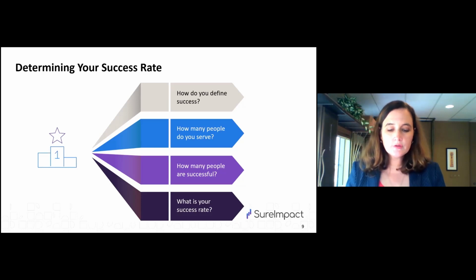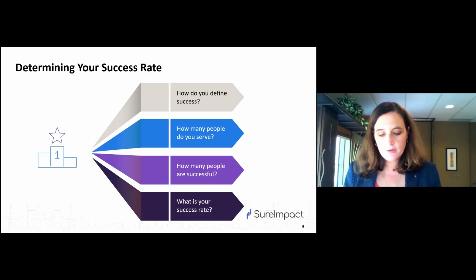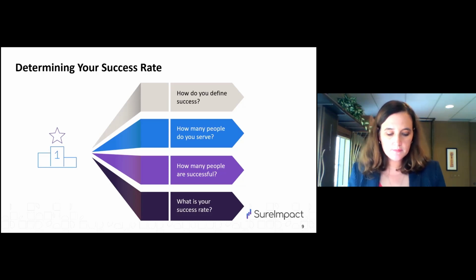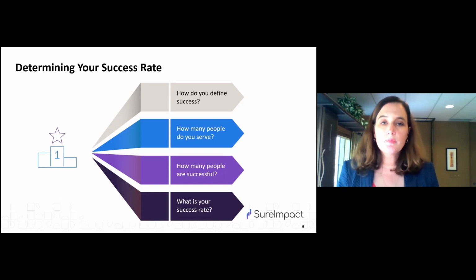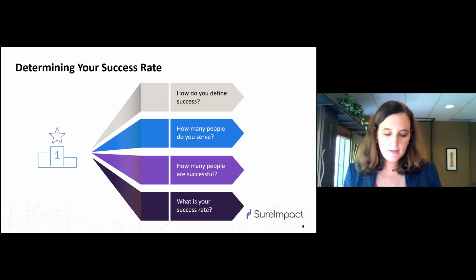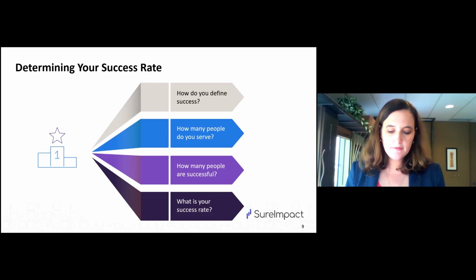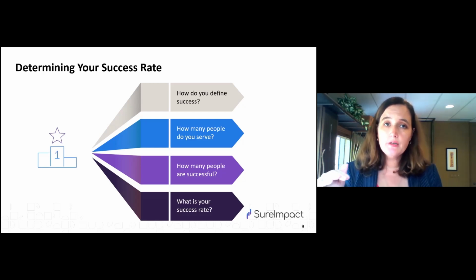They had a juvenile delinquency program, which looked at juveniles released from the detention center through their diversion. And then they had a workforce development program, which looked at the percentage of people who obtained employment for 90 consecutive days.